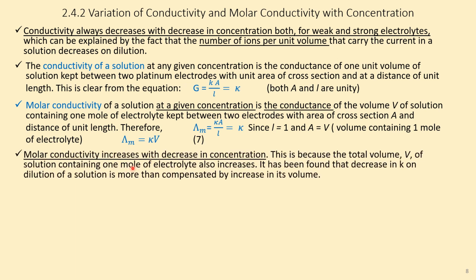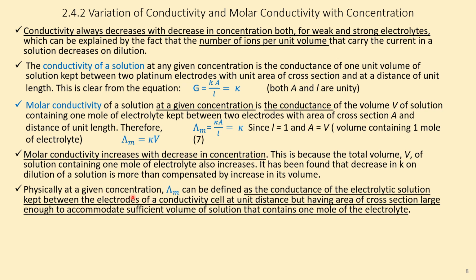Molar conductivity increases with decrease in concentration. So, as the concentration decreases, the molar conductivity also increases. This is because the total volume V of the solution containing 1 mole of electrolyte also increases. It has been found that the decrease in kappa on dilution of solution is more than compensated by increase in its volume.